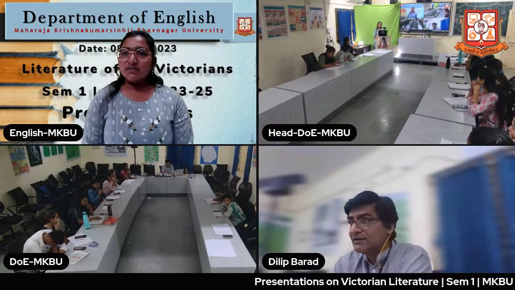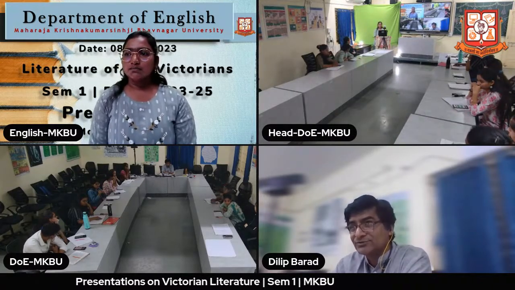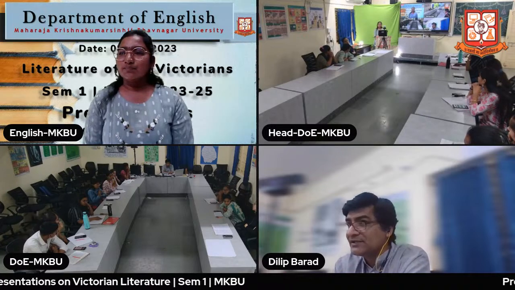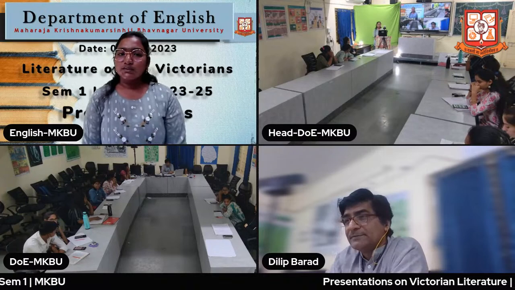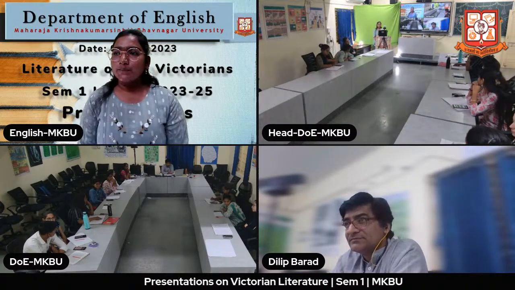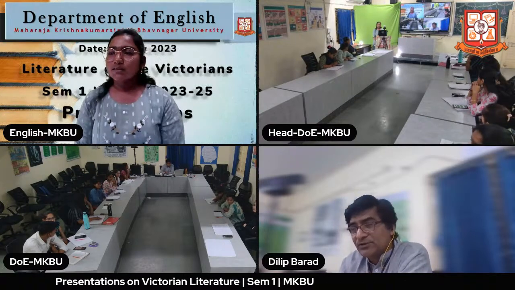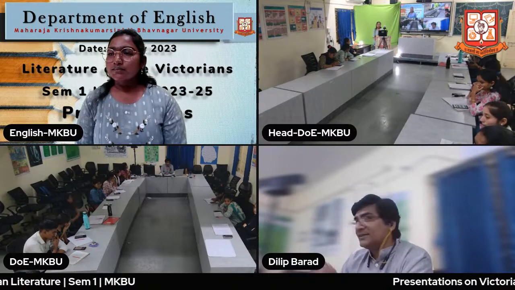Tennyson is a 19th century poet and Oliver is a 20th century poet. So then, what is the need of comparing? And in the title, you are not telling that you are comparing. If you are comparing, you can compare with a 21st century poet also. But in the title, you have to mention that you are comparing Tennyson, a Victorian.